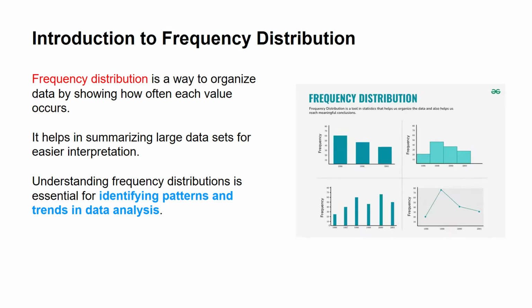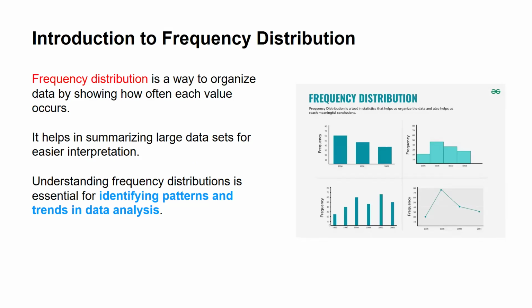For example, if you can see from this figure, we have ages and their frequency. Let's say we have a particular event, or maybe a group of people with their different dates of birth. Let's say we have those that were born in 1996, 1998, and 2001. From that data set, you can see that 1996 has a frequency of 60.